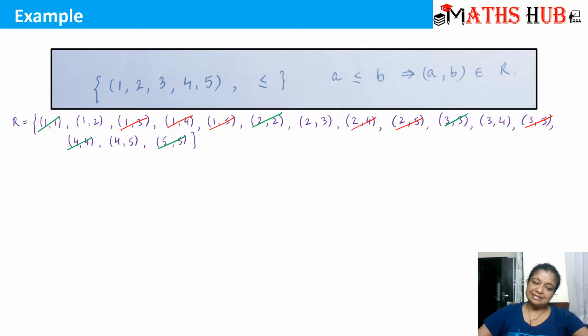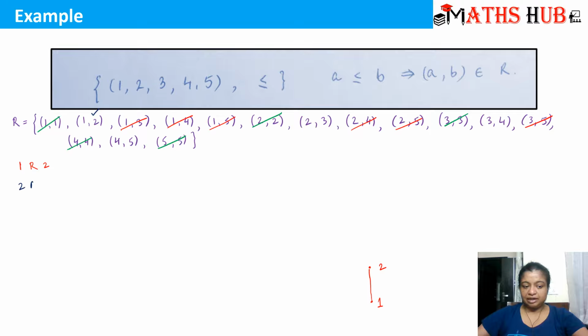So these are the elements left. Now the first pair that is left is 1,2. So 1 is related to 2. That means 1 should be at the lowest level and 2 should be above it. So 1 is connected to 2. We are done with this. Let me just put a tick over this element. The next element is 2,3.